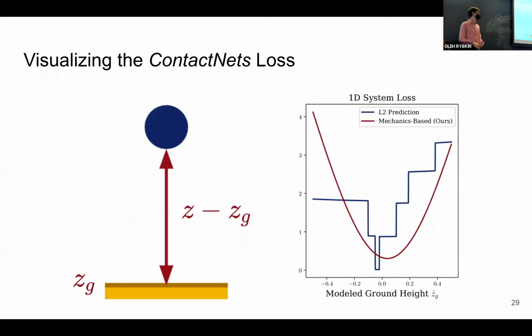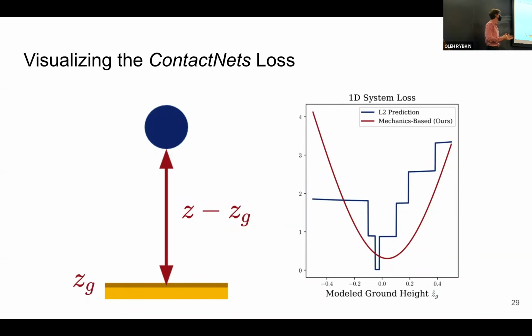So what does this loss look like on a simple example? Here we return to our really simple example of a point mass impacting flat ground. We collect some data on the system and say that we don't know what the ground height is. So ZG here is our ground height. If you just took a physical simulator, put in a ground height, and asked how well that simulation matches the data, you would get this blue line with all these discontinuities in it.